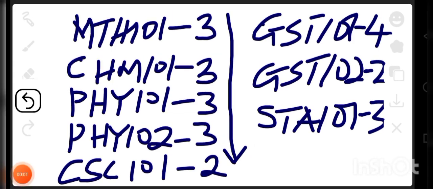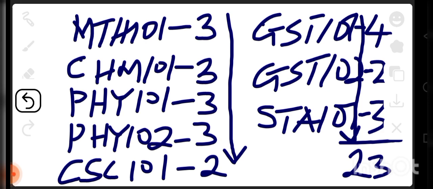Let's start adding now. 3 plus 3 is 6, plus 3 is 9, plus 3 is 12, plus 2 is 14, plus 4 is 18, plus 2 is 20, plus 3 is 23. So the total unit is 23 units. That is the total unit of this semester.